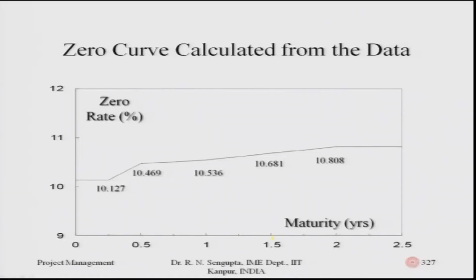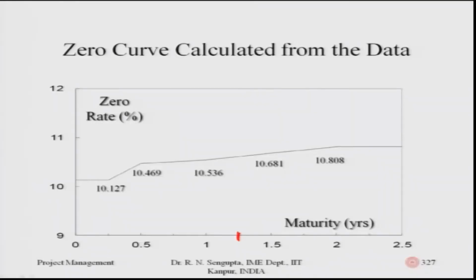So, I plot these values with maturity along the x axis and the interest rate along the y axis. Remember, this is the interest rate based on the zero interest rate, so intermittent payments for the projects are not there. In a very simplistic notion, say I want to find the continuous compounding interest rate for the project, and I want some feel for what the actual value should be.